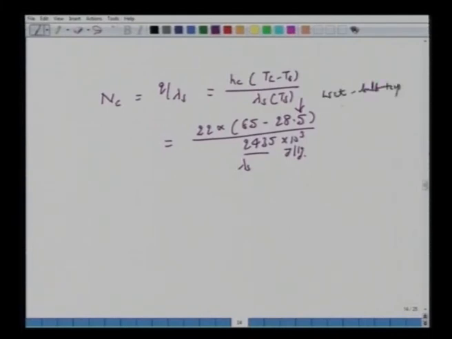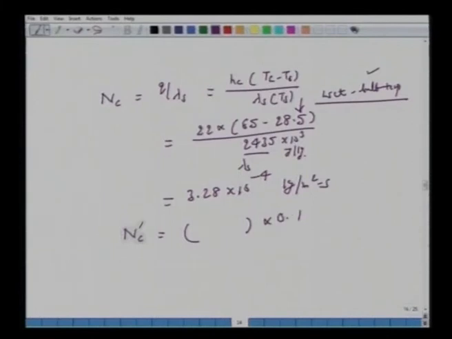So now the surface temperature has reached the wet bulb temperature, and from this you will get 3.28 times 10 to the power minus 4 kg per meter square per second. Again multiply by the evaporating or drying area of 0.49, and we have this Nc in terms of kg per second as 1.6 times 10 to the power minus 4 kg per second.